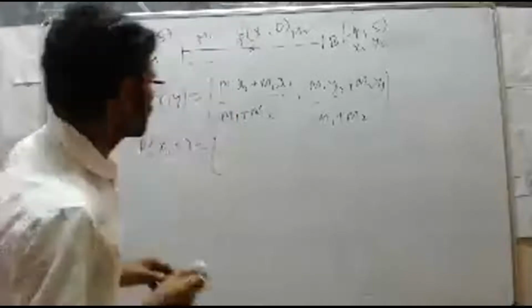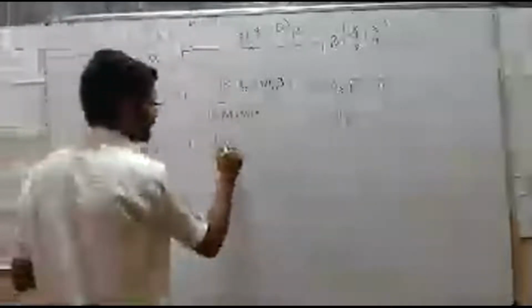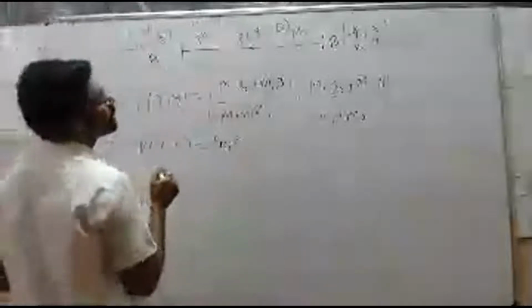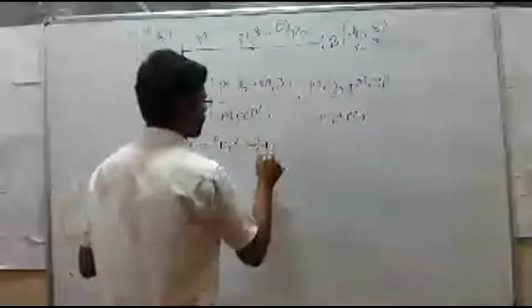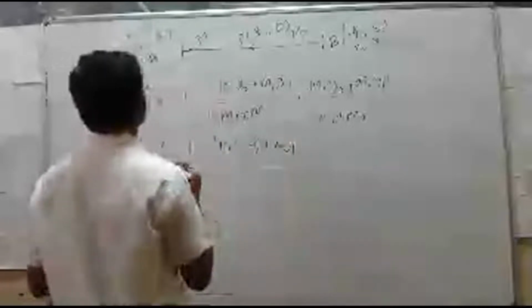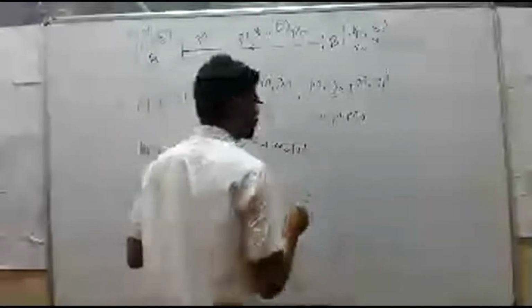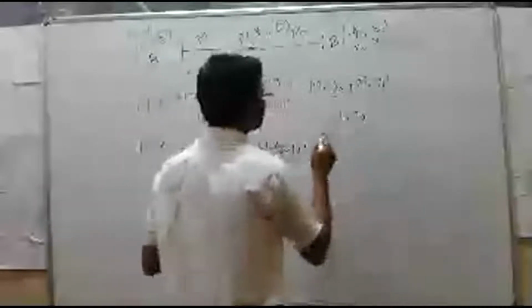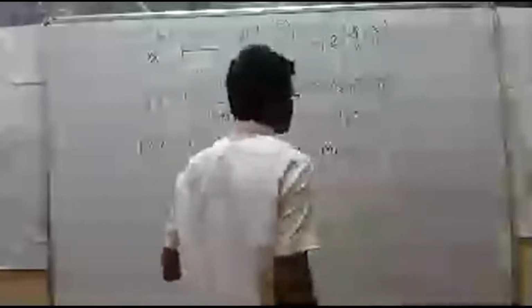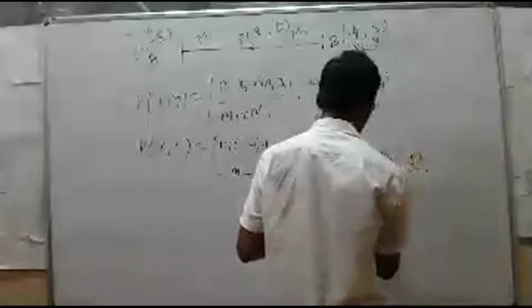We have to find m1. x2 value is minus 4 plus m2, x1 value is 1, divided by m1 plus m2. Then m1, y2 value is 5 plus m2, y1 value is minus 5, divided by m1 plus m2.